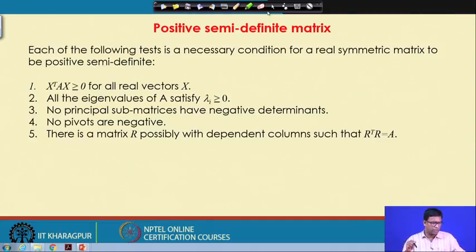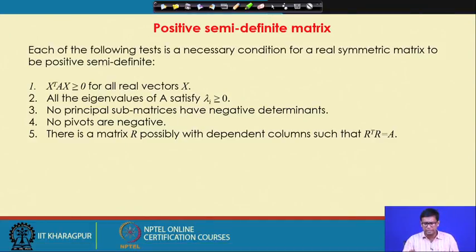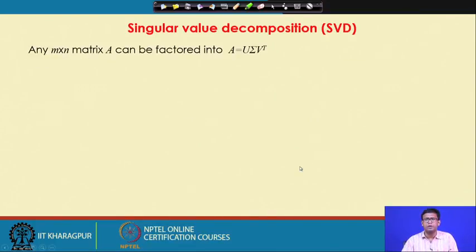So, we go to the next set of properties which we are interested in, or this is not a property, this is a decomposition of a matrix.